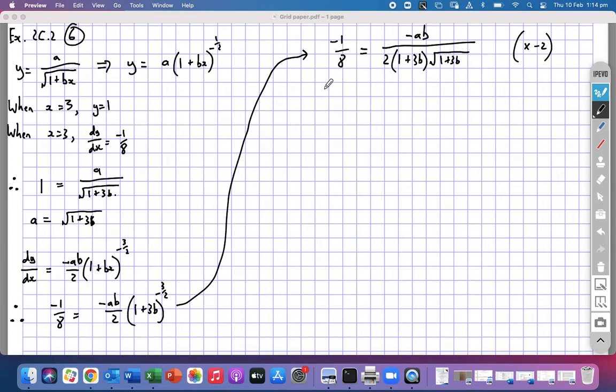So I could say 1/4 equals ab, 1 plus 3b, square root 1 plus 3b. I could keep going with a bit of simplifying here. I could say 4ab, so multiply both sides by 4. I don't think I will though.